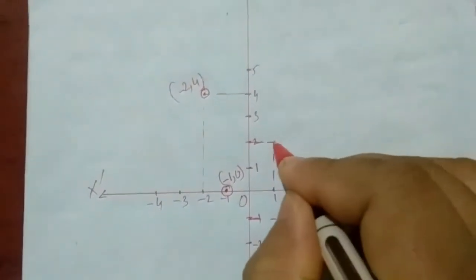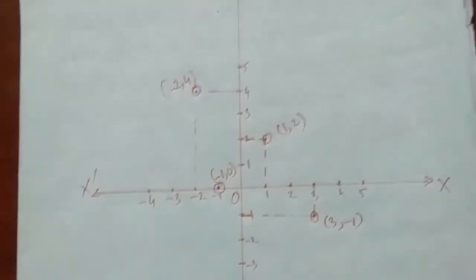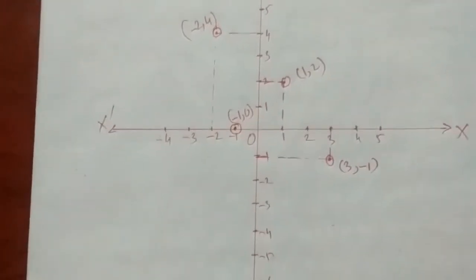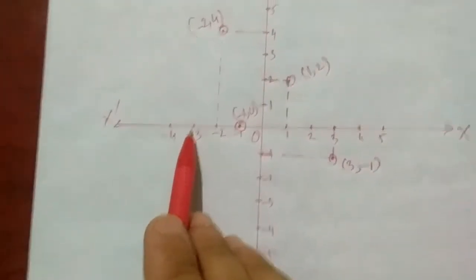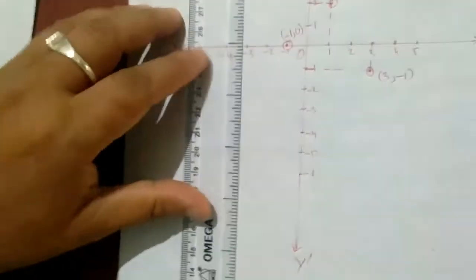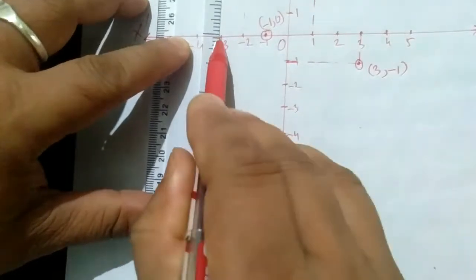This is the point (1, 2). The next point given is (-3, -5). The value of x is -3 and the value of y is also -5. So go straight to -3 and -5. Okay, this is -3, -5.